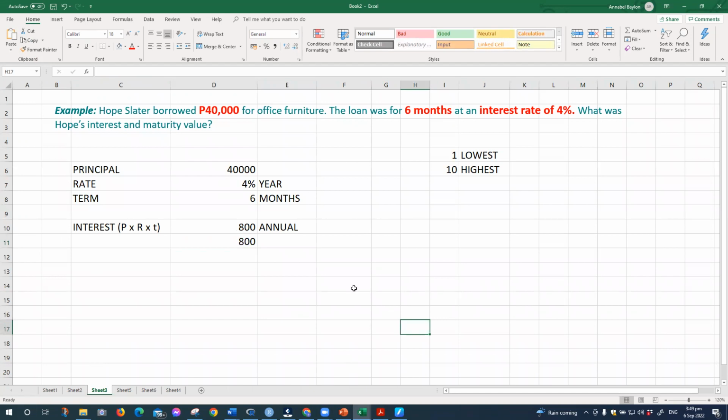Pero marami pang ibang use ng named ranges. I'm just introducing you to some functionalities. All right, so we have computed for, okay, any questions so far, guys? Kamusta ang pace? Pag medyo mabilis ako, you can stop me and ask me to repeat.